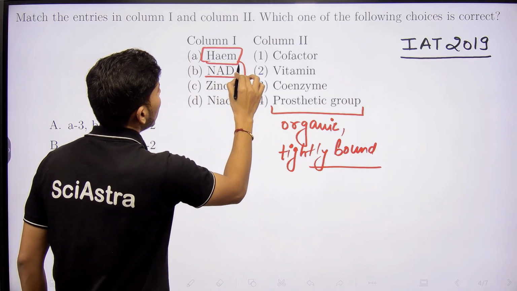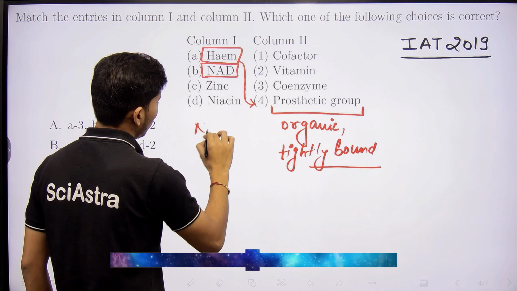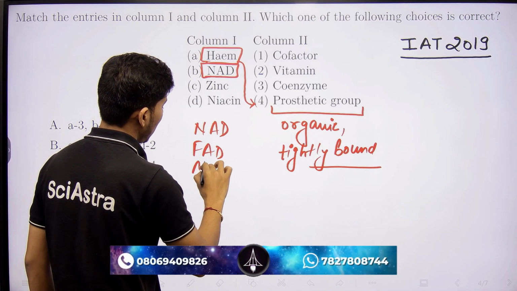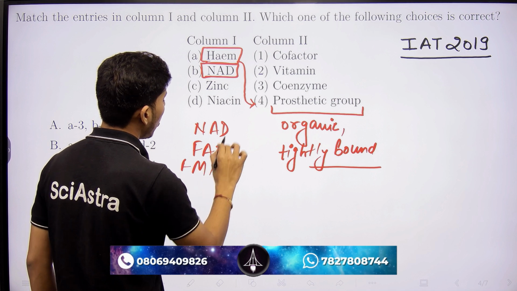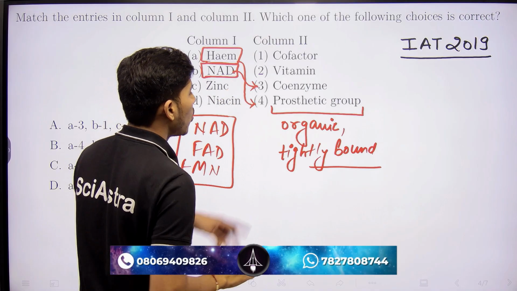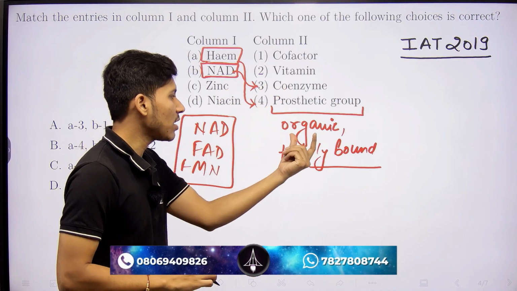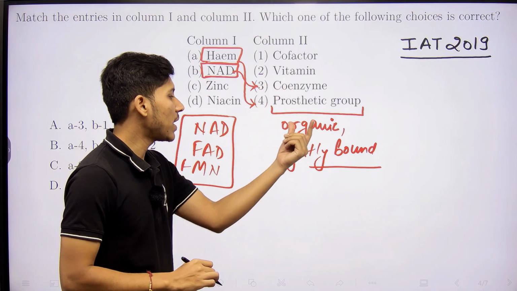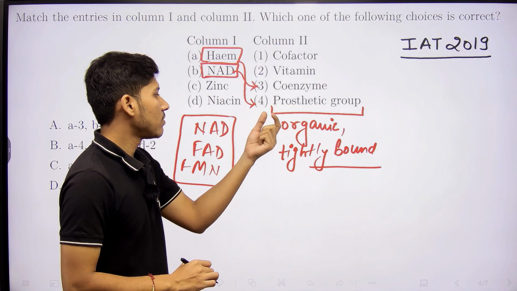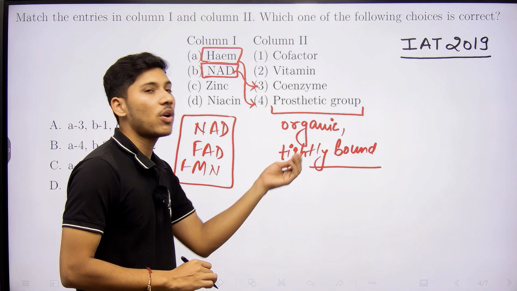Now NAD, molecules like NAD, FAD, FMN, all of these come under the category of coenzymes. So coenzymes are also organic molecules just like prosthetic groups, but they are loosely bound to enzymes. There is just one difference here, and that is between the tightly bound and the loosely bound.